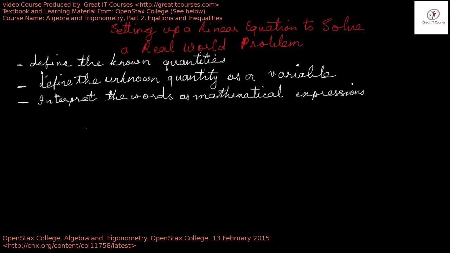The second thing, once you've understood the problem thoroughly, is that you need to define the known quantities in the problem. For example, in the car agency example, the car agency tells you that we charge you $50 for the whole day as a fixed cost.